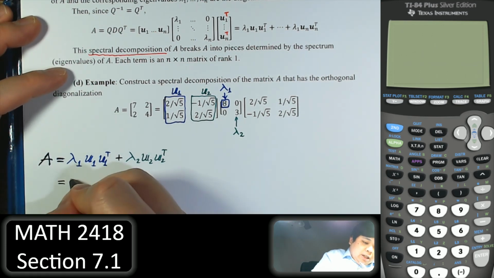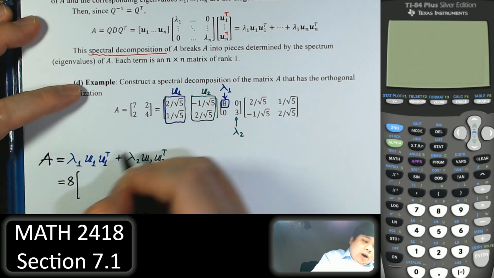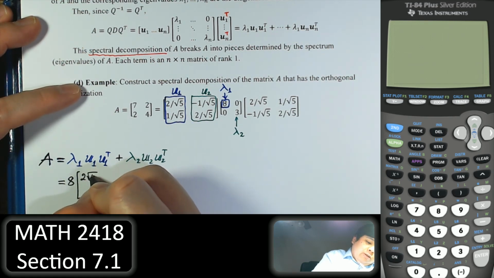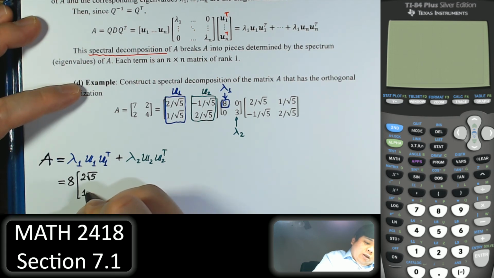Lambda 1 is 8. Right, u1 is 2 divided by square root of 5, 1 divided by square root of 5.